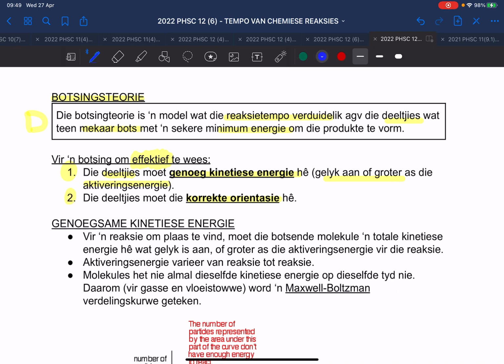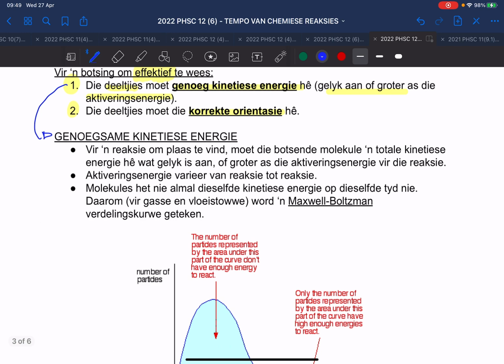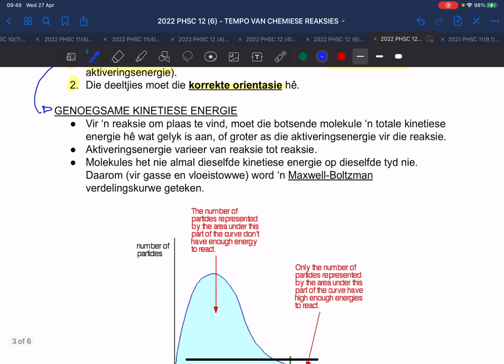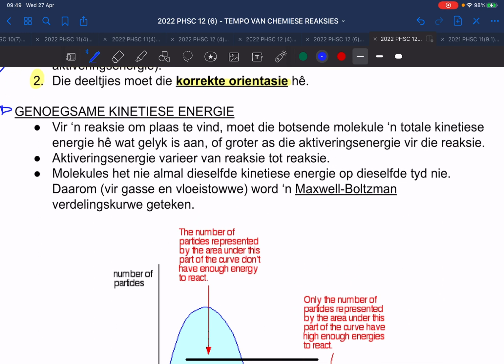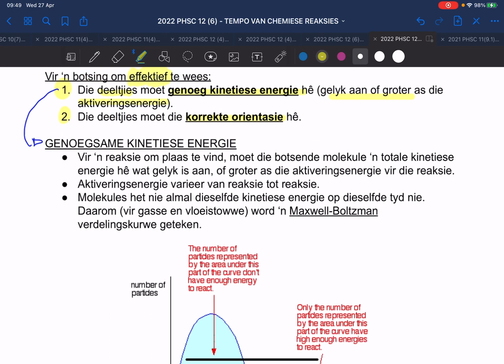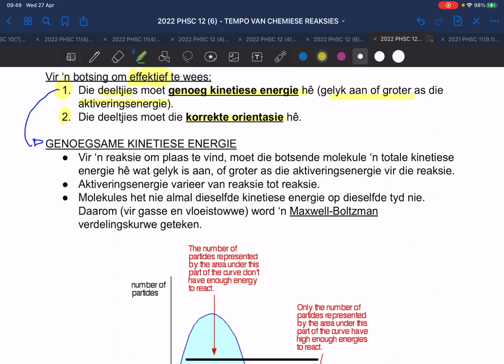So, the first thing there is the sufficient kinetic energy. I am going to read and then explain. It says, for a reaction to take place, the colliding molecules, the molecules that will collide, must have a total kinetic energy that is equal to or greater than the activation energy.